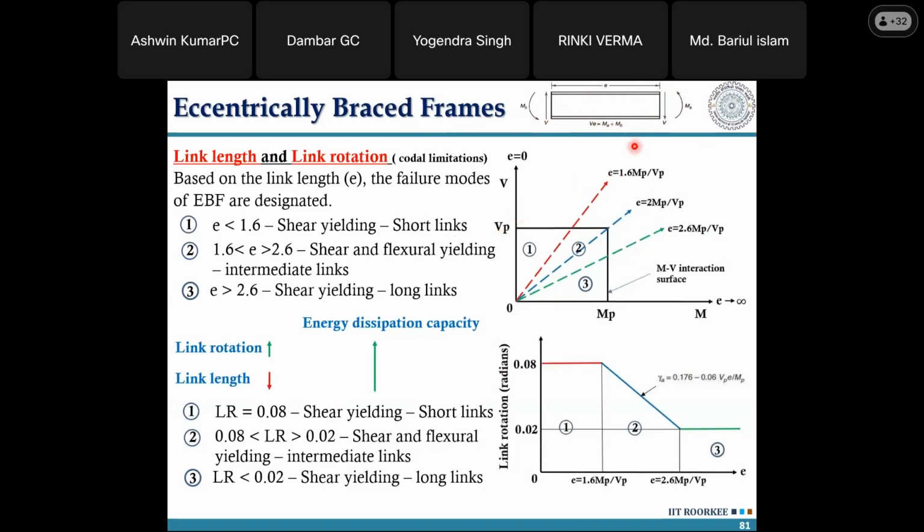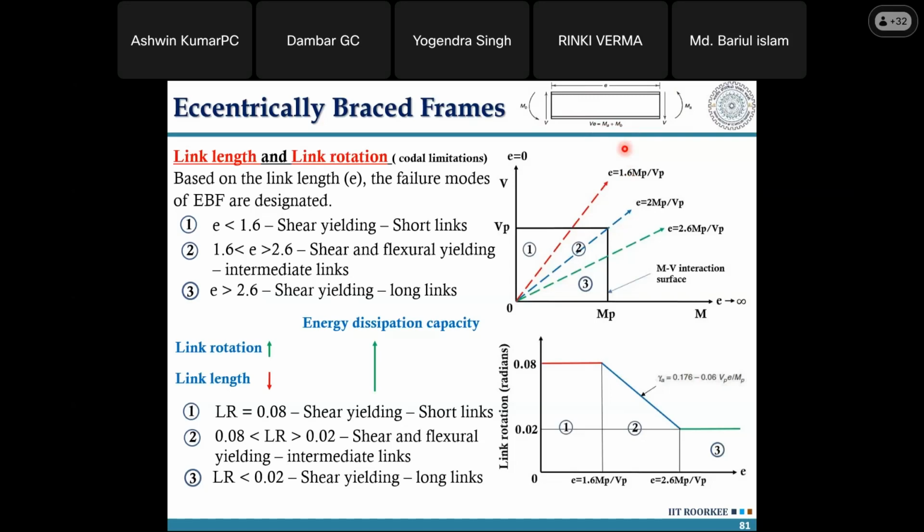So what we can say is that the link length e, if MA and MB are same, is equal to 2M by V, right? Twice M by V. And we can have an ideal condition wherein the link is yielding and reaching plastic moment capacity in flexure, as well as in shear, it is reaching its plastic capacity VP, meaning for a balanced condition for both flexural hinge and shear hinge getting formed, e is equal to 2 MP by VP.